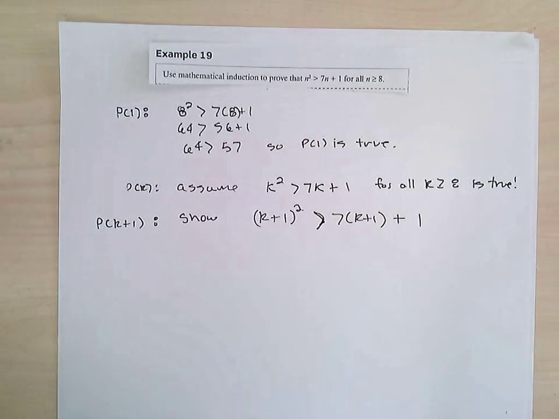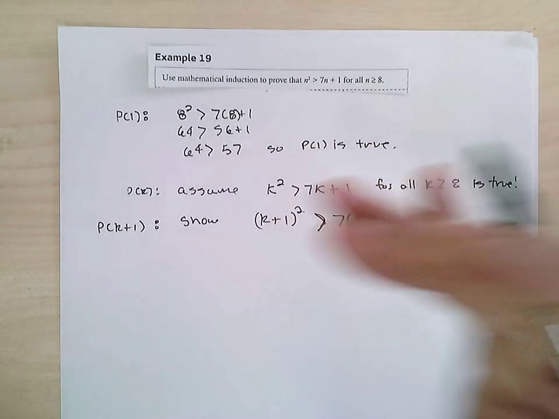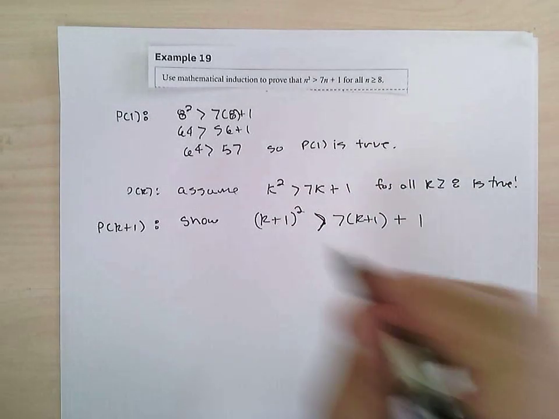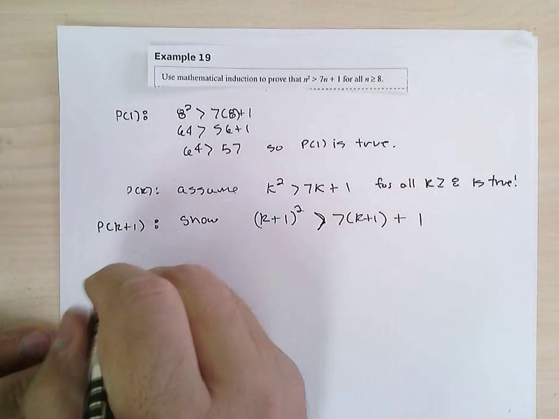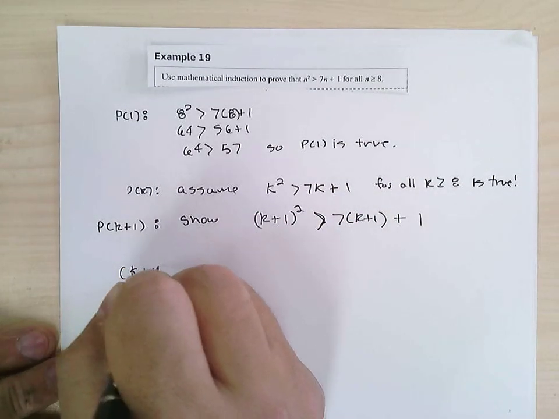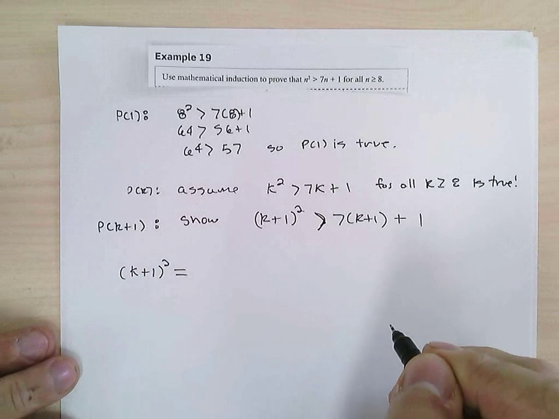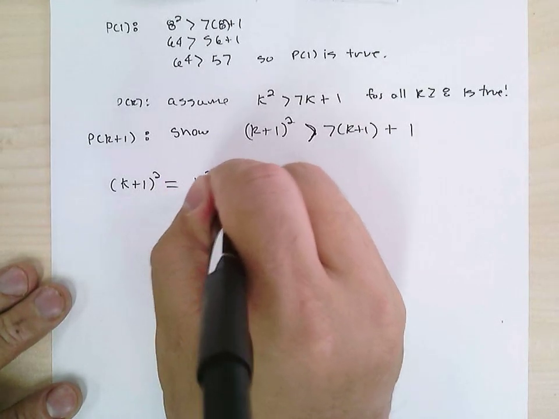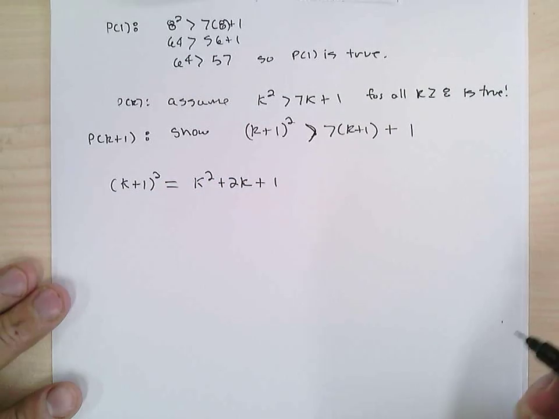So like we did before, there's not a sequence of numbers. We have an inequality, but the concept still holds. You want to work from the left and show it to the right, not the other way around. So we're going to start with this guy right here. What is k plus 1 squared equal to? k plus 1 squared is equal to k squared plus 2k plus 1, right?